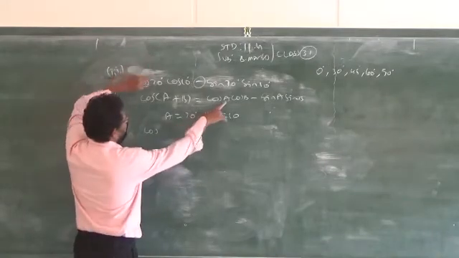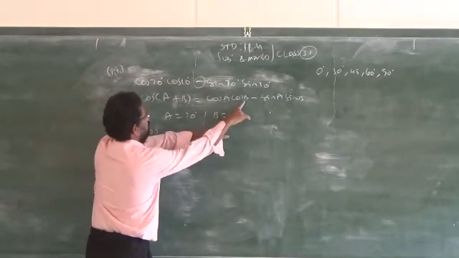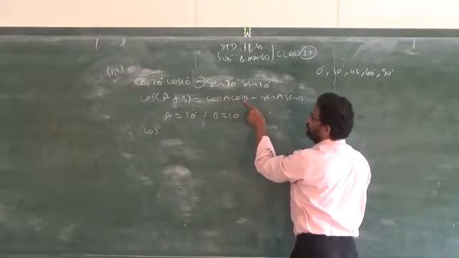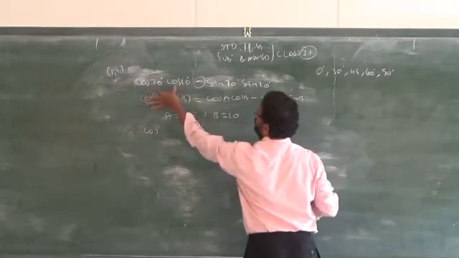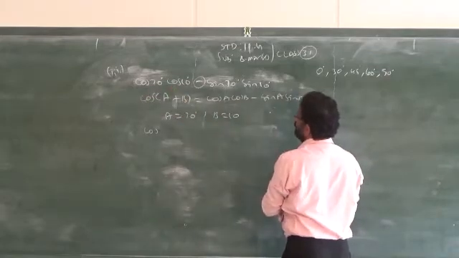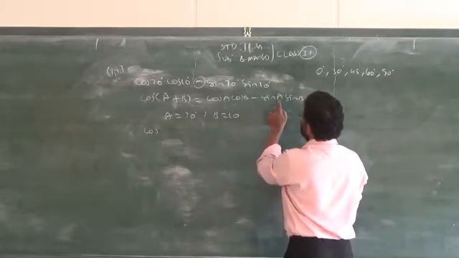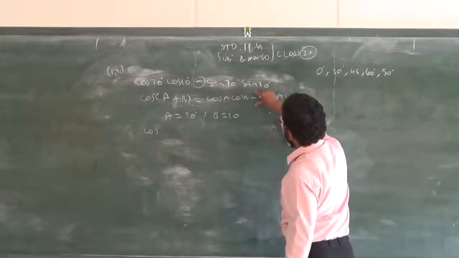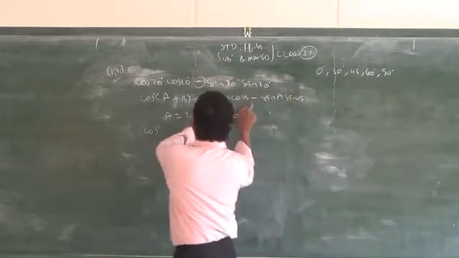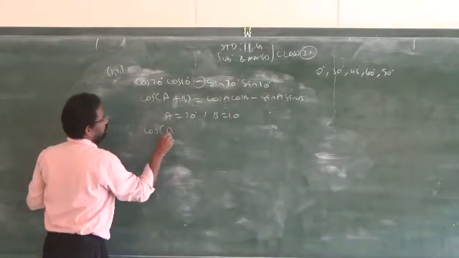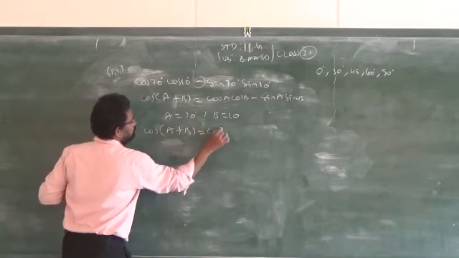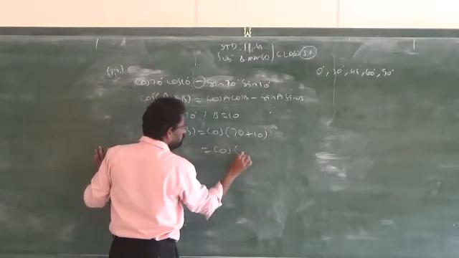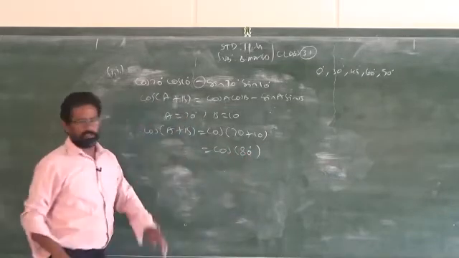A is 70, cos 70, B is 10, cos 10 is there, minus, A is 70, B is 10, so sin 70 sin 10. So, the right side of the given formula is satisfied. Therefore, your answer should be in terms of left side format, that is cos of 70 plus 10, which will give you cos 80 degree. That is the answer.